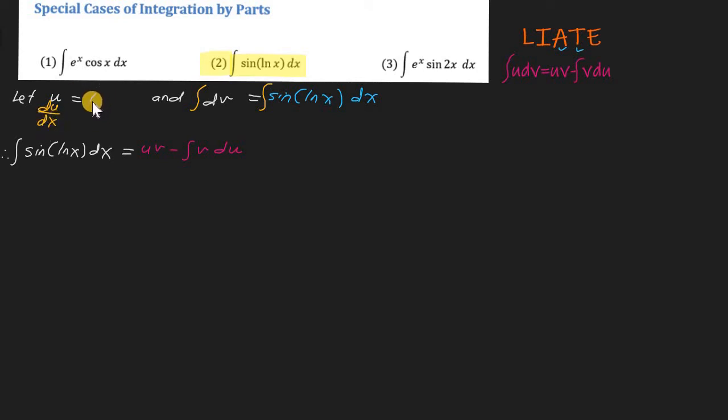But here, if you are choosing u being 1, when you differentiate, what is the derivative of a constant number? It is 0. So you are stuck there because your du becomes 0. So that is wrong.